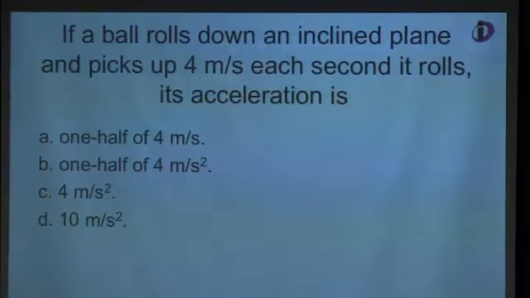Polling open. 20 seconds. 10 seconds. 5.